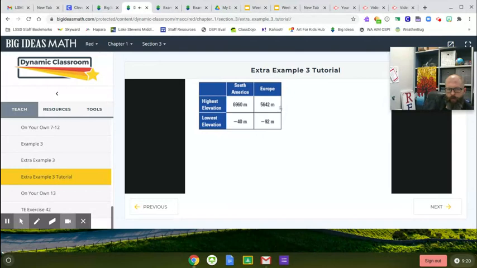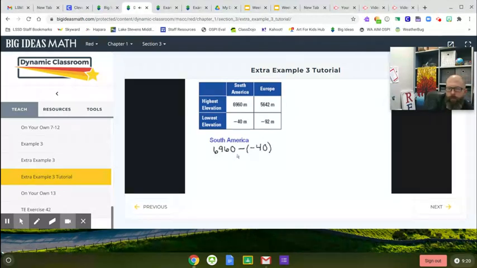South America's highest elevation is 6,960, and then we subtract the lowest elevation, which is -40. So we have 6,960 minus -40. So to subtract these two integers, we will add the opposite.